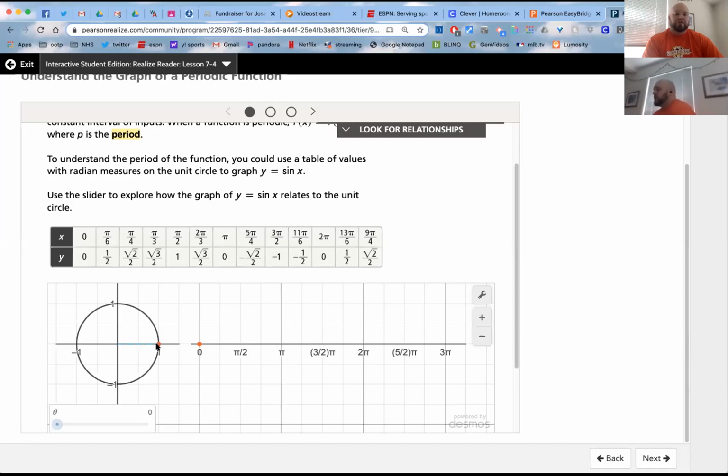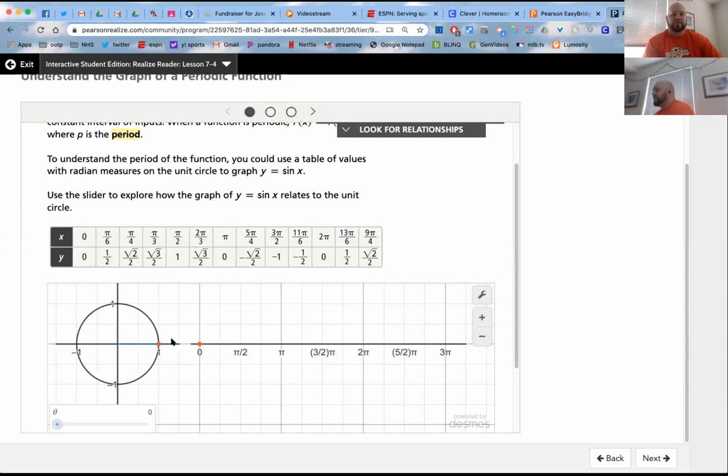So what I want you to look at is, as we move this orange dot around the circle, the sine, remember, is the y value. It's the height of this orange point as we move around the circle. And then they're going to be graphing the height as we move around the circle over in this area.